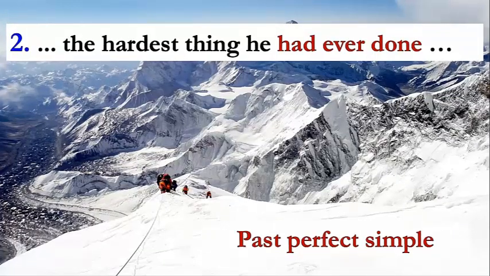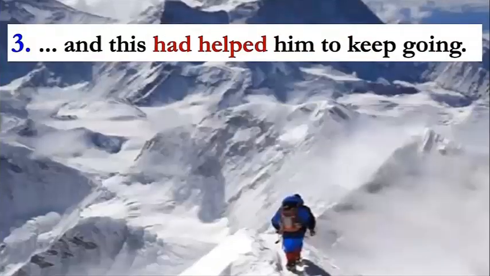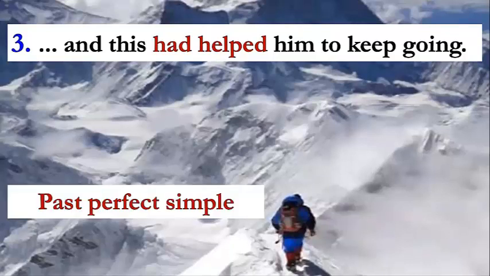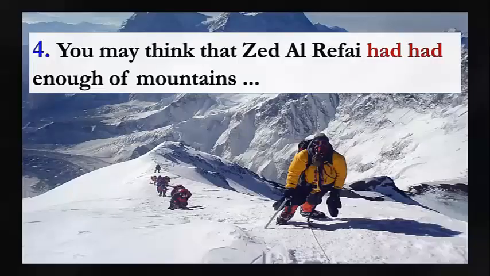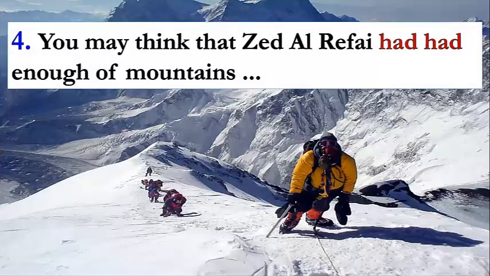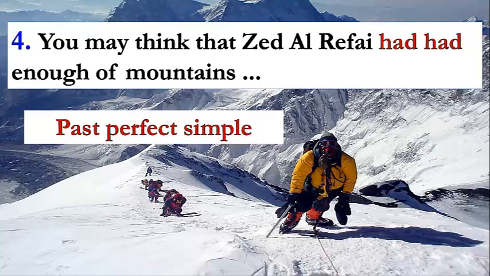What was sentence 3? And this had helped him to keep going. The tense here also past perfect simple. You may think that he had had enough of mountains. The tense here is past perfect simple also.